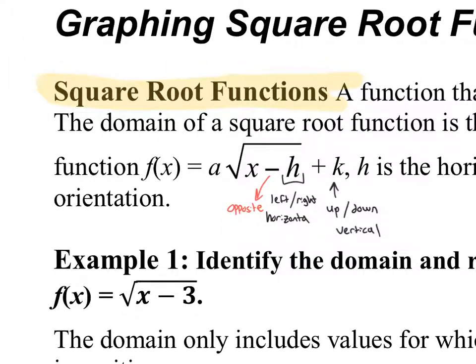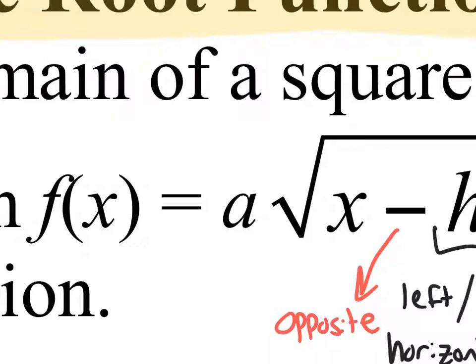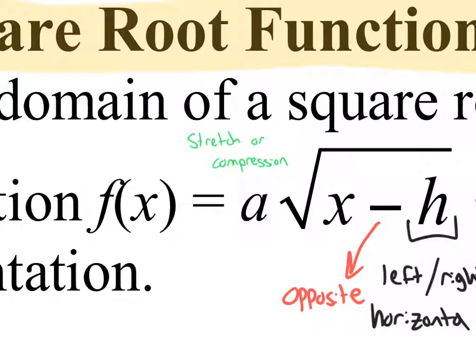The a value covers the stretch or compression. Depending on if it's bigger than 1, if a is bigger than 1, it grows faster than normal, so it's a stretch. For compression, if a is less than 1 but still bigger than 0, it's a compression.